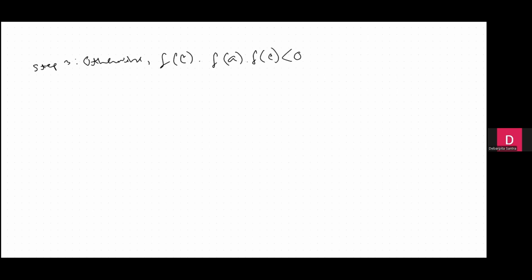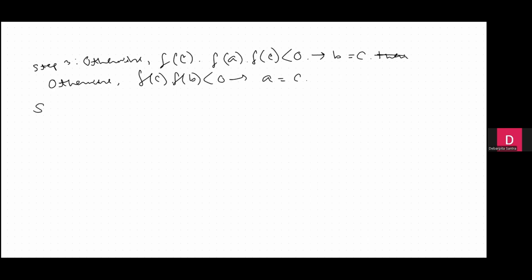If it is so, then we update B as C. So then the interval becomes A, C. Otherwise, if we find that f of C into f of B is less than 0, then we update A as C. So that is the main thing. This is also same as the bisection method. Step 3 is also same as the bisection method.